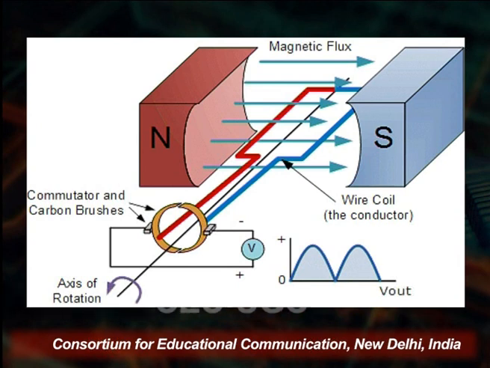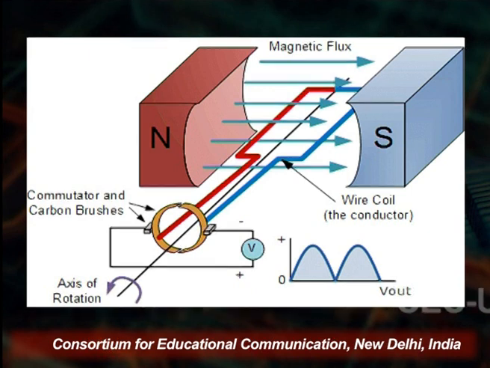The axis of rotation is shown here anti-clockwise, but the wire coil conductor is rotating clockwise. So, we use the commutator and the carbon brushes here. A sinusoidal output we are getting on the right hand side. You see the output in the form of voltage. The magnetic field and the current carrying conductor.